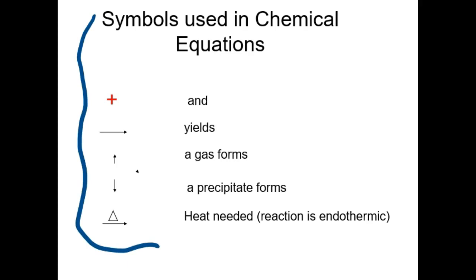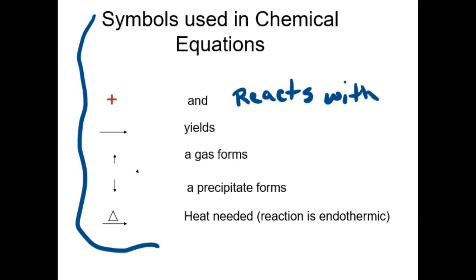Now, some of these words will be modified in a way, okay? So, like the plus sign for and, it could also be reacts with. We have other things we can put for and, but just kind of look for those things and we'll talk about that more. The arrow is yields.